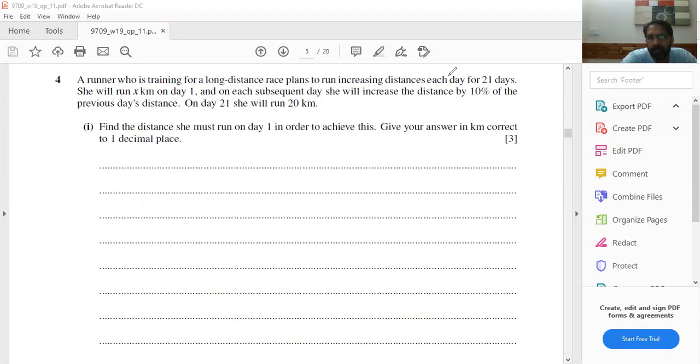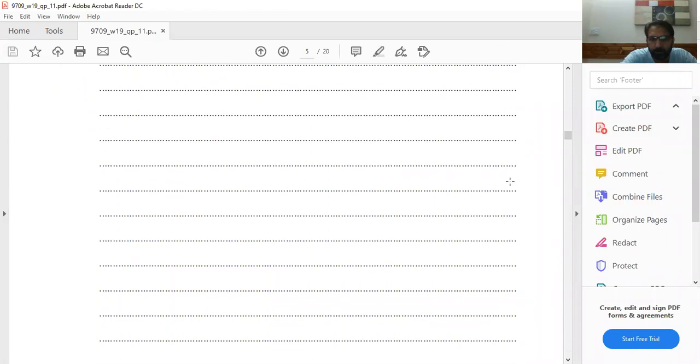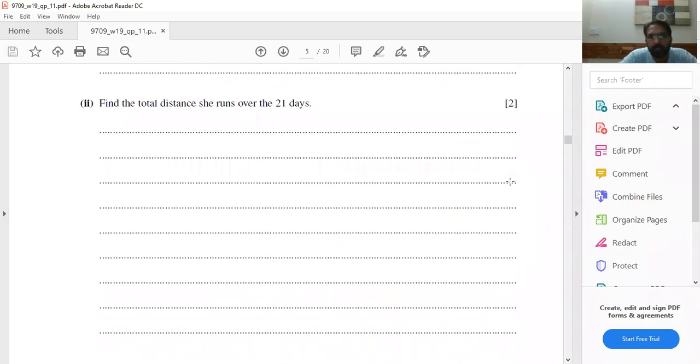And the second part is here. Find the total distance she runs over the 21 days. So it means he's asking for the sum of the first 21 days. So we know that the sum formula is Sn = a(rⁿ − 1)/(r − 1).